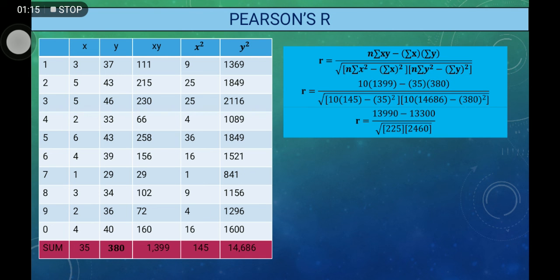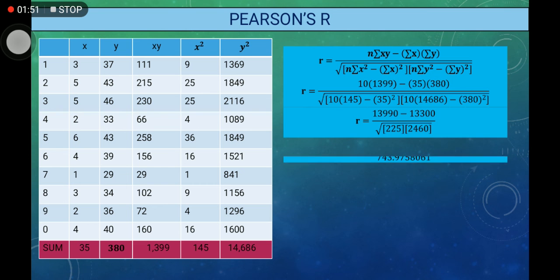So, kukumputin na natin siya. 10 times 1,399 equals 13,990 minus 35 times 380 equals 13,300. Minus din natin yung nasa baba. 10 times 145 minus 35 square is 225. Sa kabila is 10 times 14,686 minus 380 square is equals to 2,460.